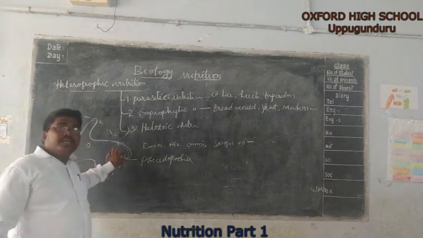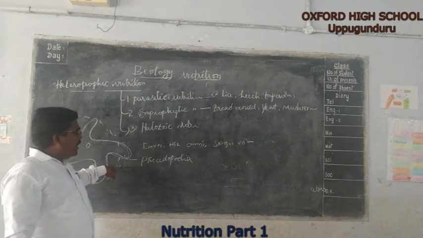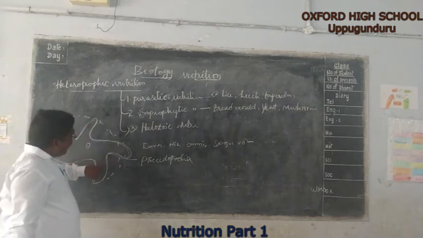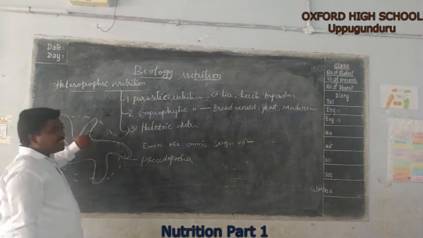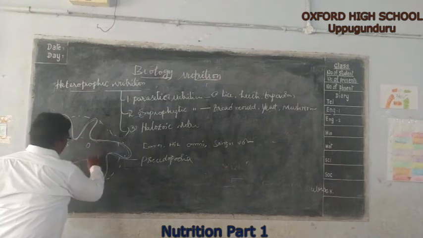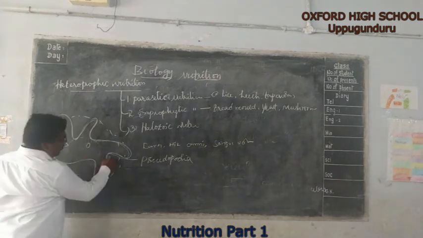So pseudopodia are what we notice on the amoeba. The food is taken by these finger-like extensions present on the cell surface, which fuse the food into food vacuoles.